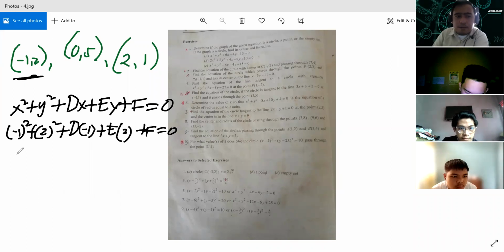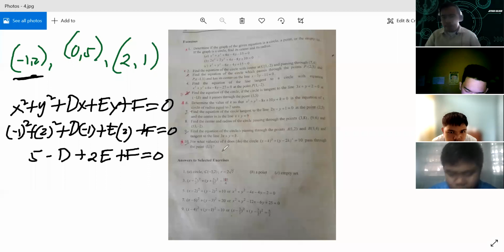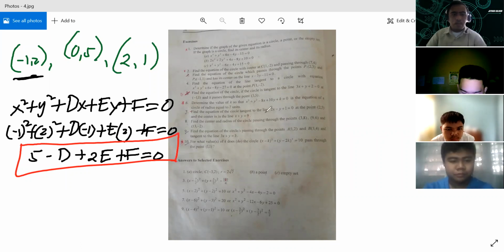So the first equation would be 1 plus 4, that is 5, minus d plus 2e plus f, right? Class, is it clear? Is the first equation clear? Yes, sir.